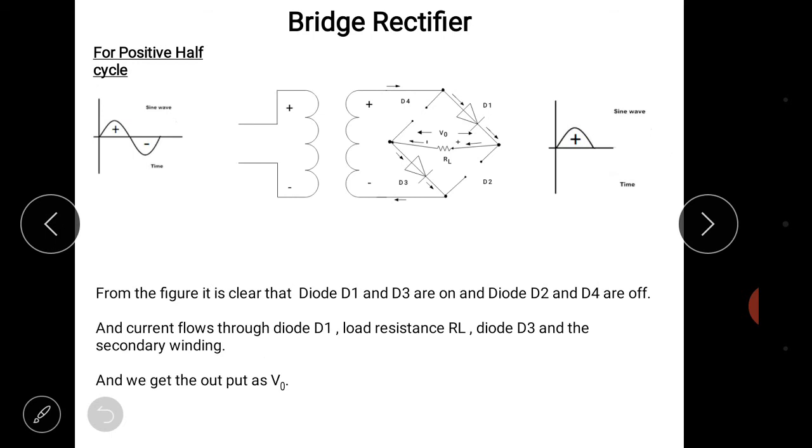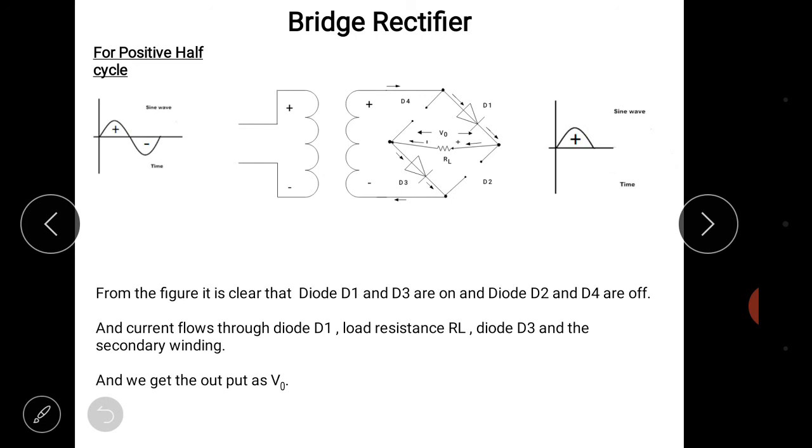The picture is more clear in this circuit diagram, where D2 and D4, because they are off, have been shown as open circuit. So from the figure it is clear that diodes D1 and D3 are on, but diodes D2 and D4 are off, and current flows through diode D1, load resistance RL, diode D3 and the secondary winding.